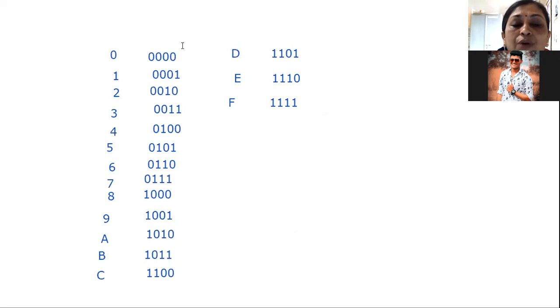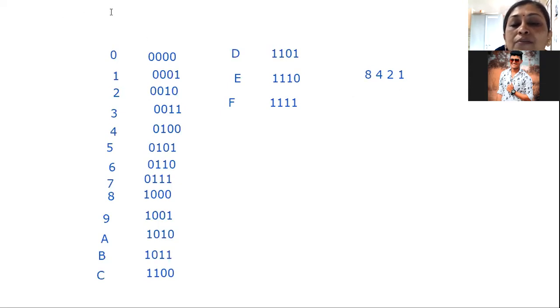Okay, so you need not memorize this. So how are you going to remember? You should know this 8421. So these are the bit positions, 8421. Suppose I want the binary equivalent of decimal number 12, then all of you know that 8 plus 4 is 12.